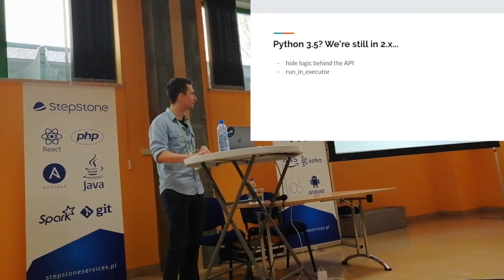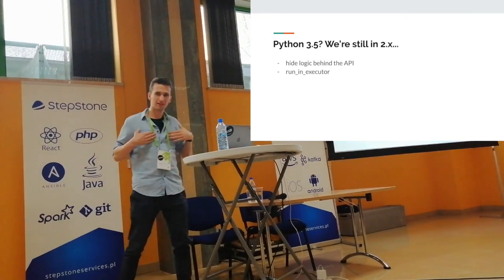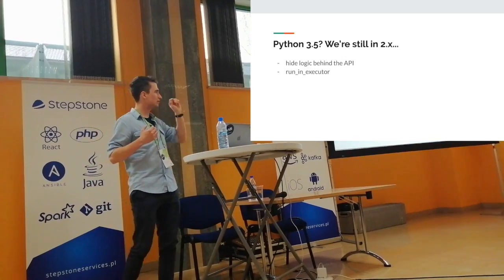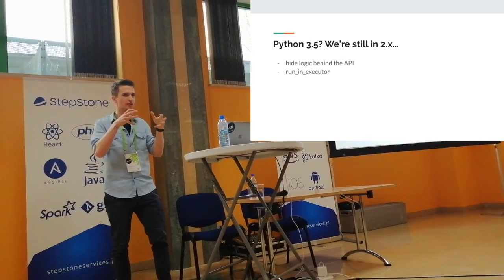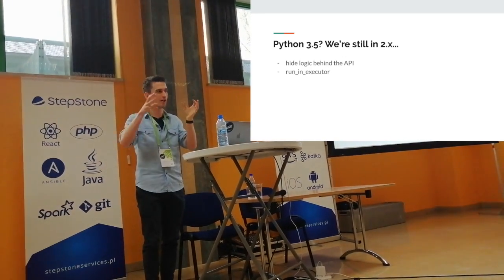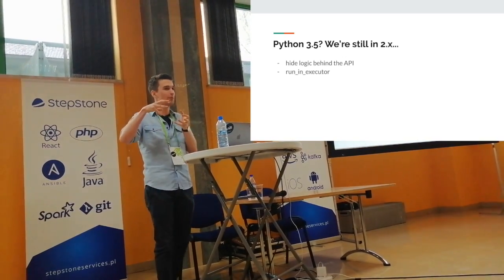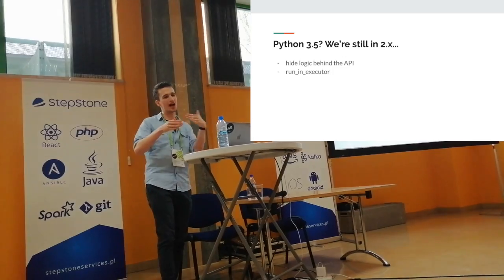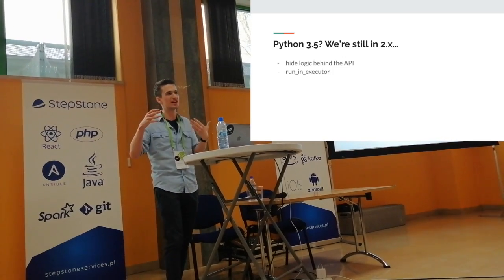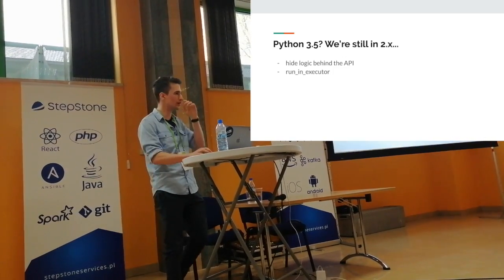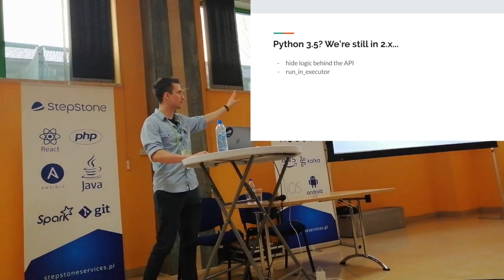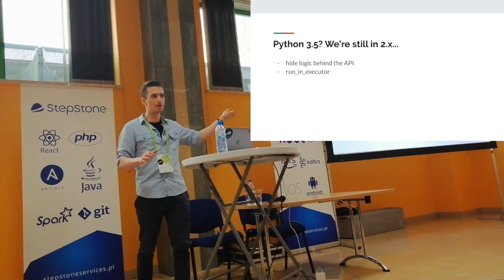It's not that wonderful. So my suggestion to you would be to hide the logic behind the API. Hide the synchronous code behind some microservice, some API that is running in Python 2, and your worker is just asking the service over the network. It will help your worker not being stuck. Also, there's this trick called run in executor.